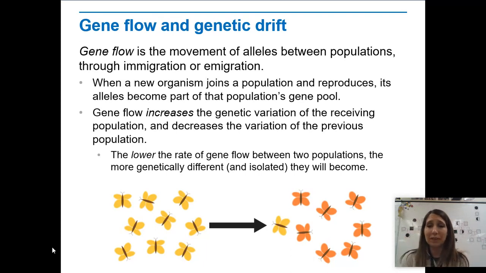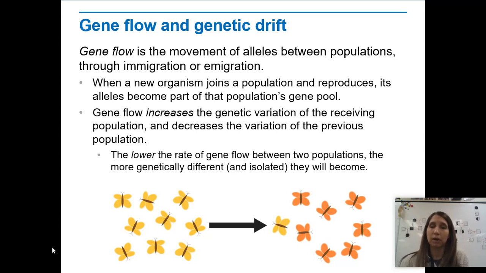When individuals move into a population, we say that their alleles become part of that population's gene pool. So we're in effect increasing the variation of the gene pool that they're adding their alleles to. However, in contrast, wherever they came from, they've decreased the variation in that original gene pool.